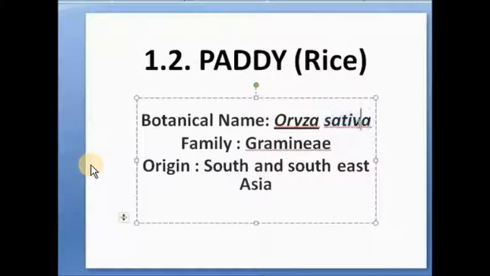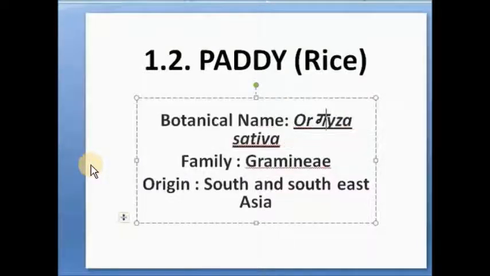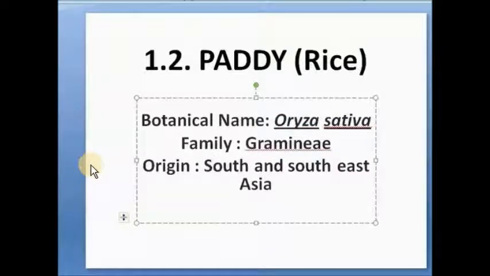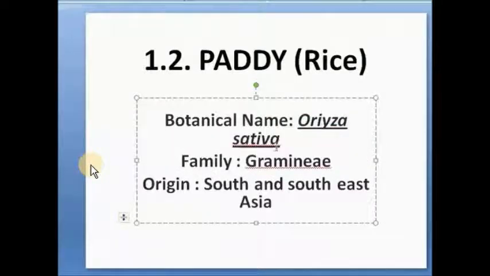This botanical name is to be written in italics, and the first letter should be capital, the second should be small. This is the nomenclature used all over the world. In Oryza sativa L, L is there.